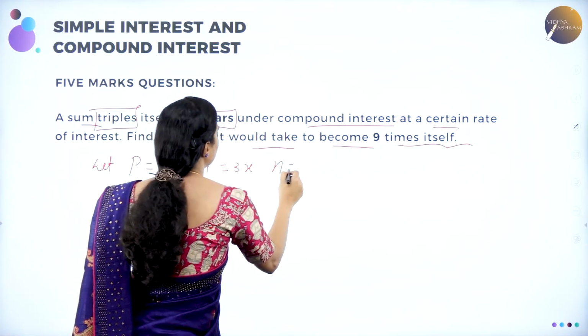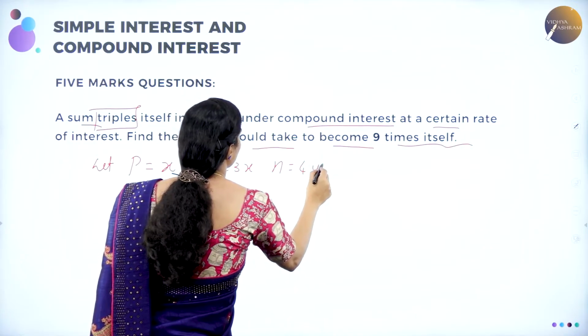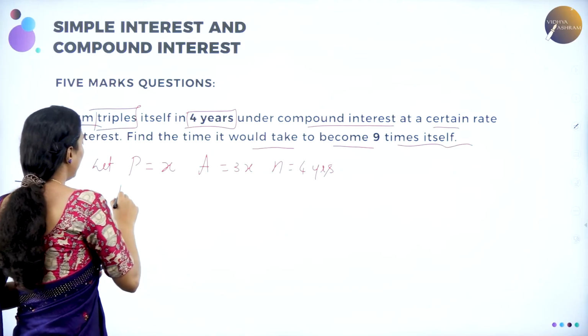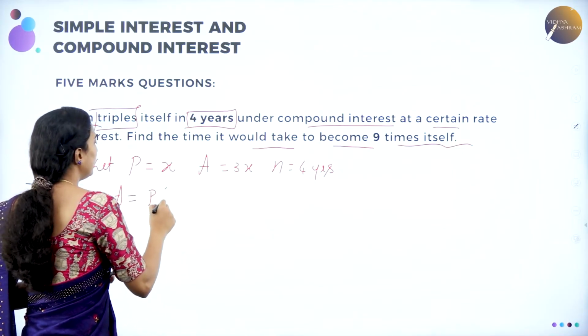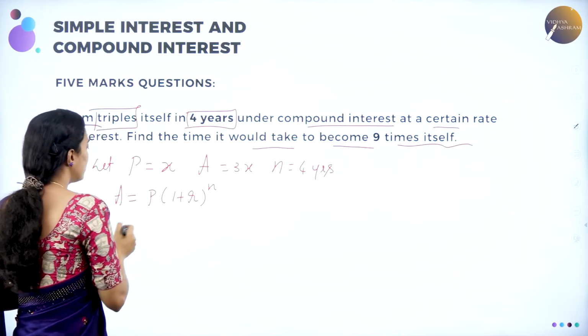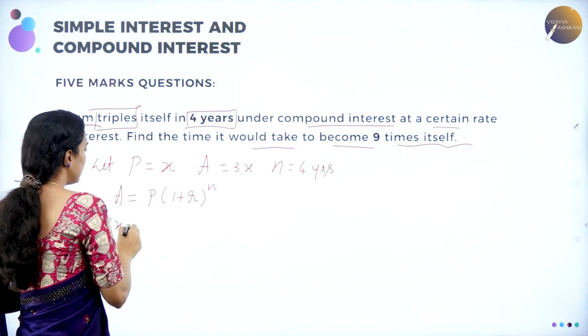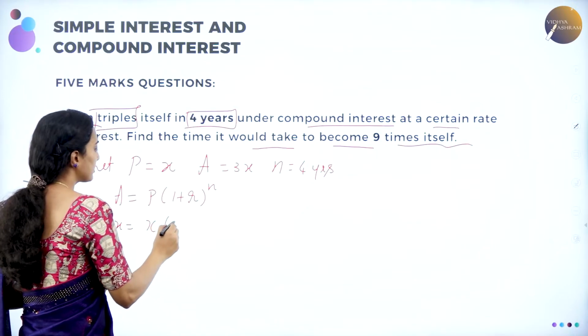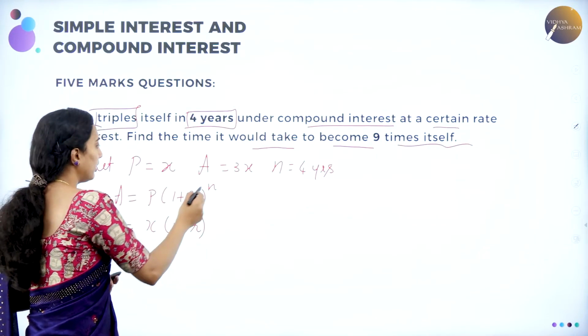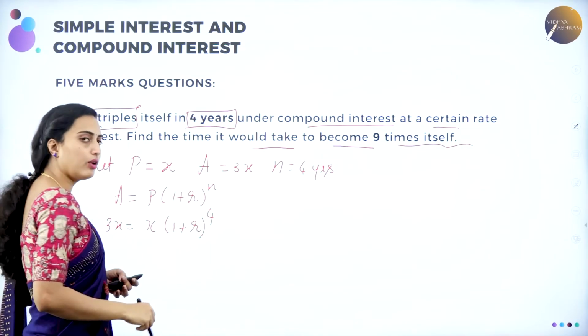So N will be equal to 4 years. Let me calculate here by using the formula. A will be equal to P into 1 plus R whole to the power of N. So A is nothing but 3x is equal to P is nothing but x into 1 plus R, we don't know. We need to find out that only. N they have given it as 4 years.